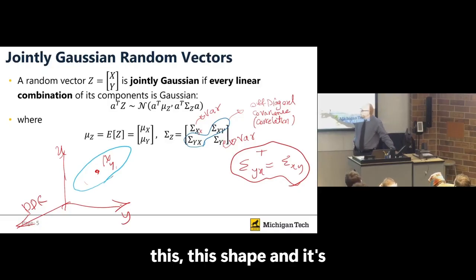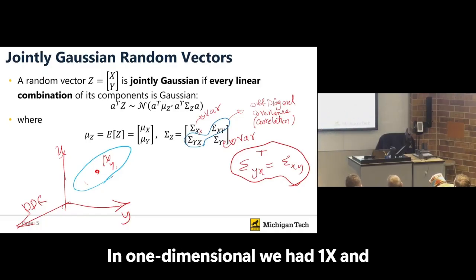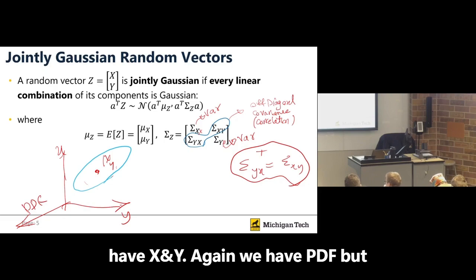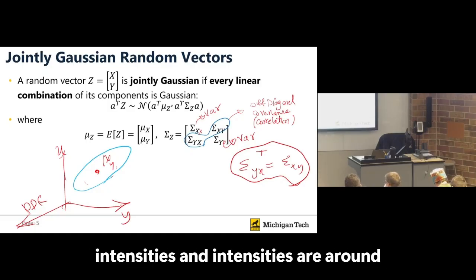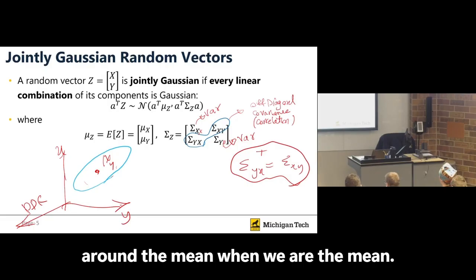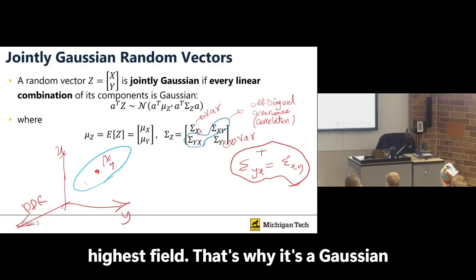Like this shape, it's like one-dimensional. In one dimension, we had one x and one PDF. In two dimensions, we have x and y. Again, we have a PDF, but the PDF makes it 3D. So there are different intensities, and the intensities are around the mean. This is the mean. When we are at the mean, it has the highest PDF value.